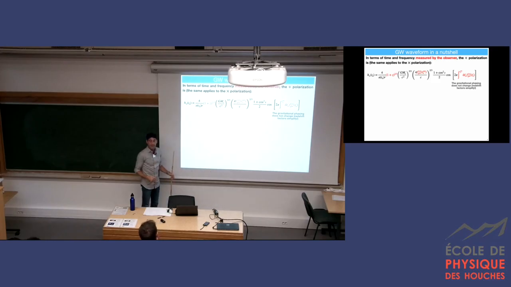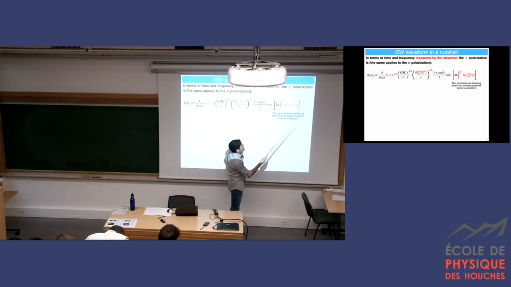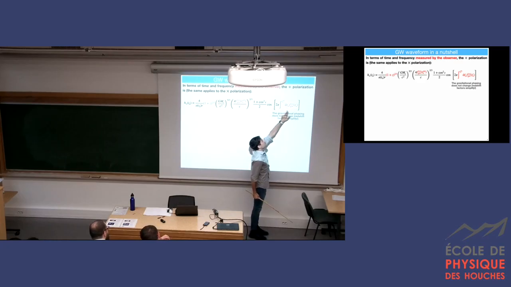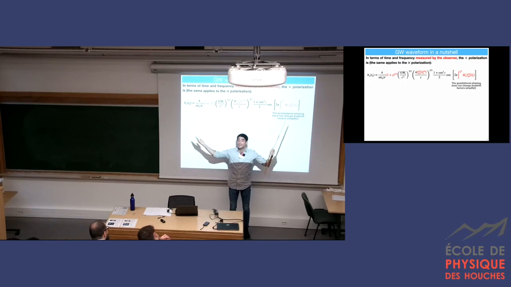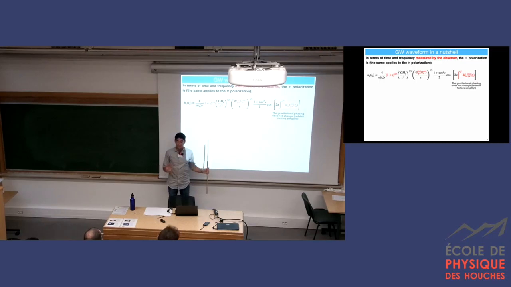I showed you previously that this gives you an additional factor that accounts for the expansion. The other place where you have to replace the expression for the frequency is also in the phase. One can show that it doesn't change as compared to my previous expression. The reason being that we have a dt factor and an f, and the factors of 1 plus z simplify. So the phase stays the same. The gravitational phasing does not change because of this. But what changes is the frequency, because now this is the observed frequency. And this gives us a factor of 1 plus z to the power of 2/3.